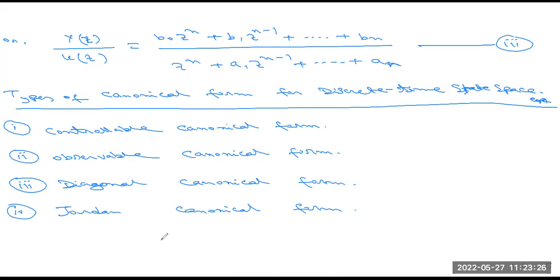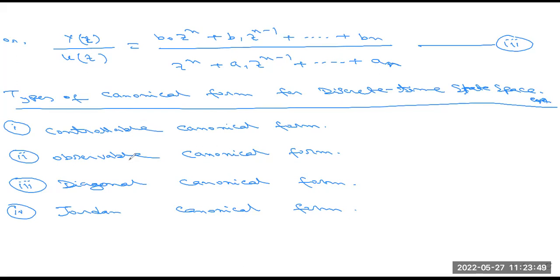So among these, the controllable and observable forms are very much important for the discrete time control system in state space analysis. Okay, and in your syllabus, module 4, this controllable canonical form and observable canonical form is also described.